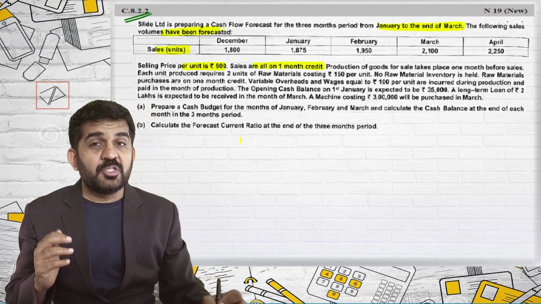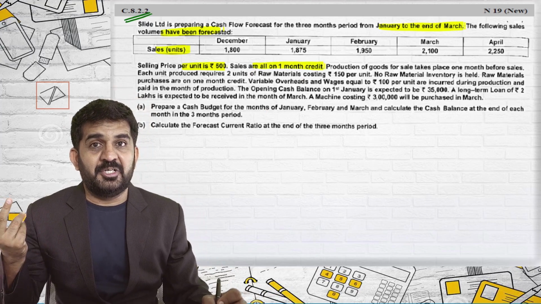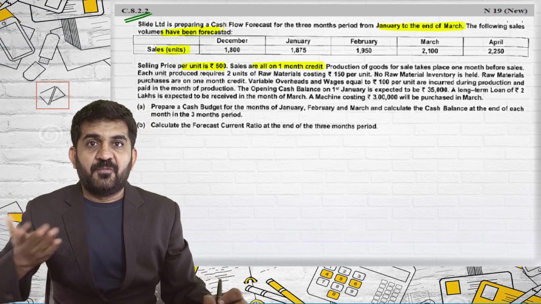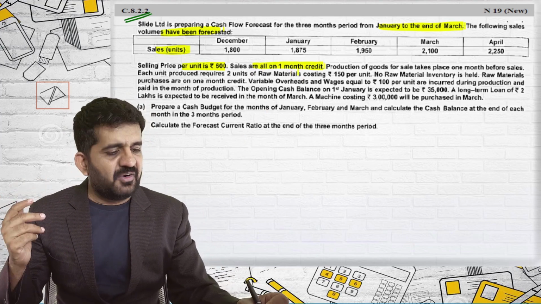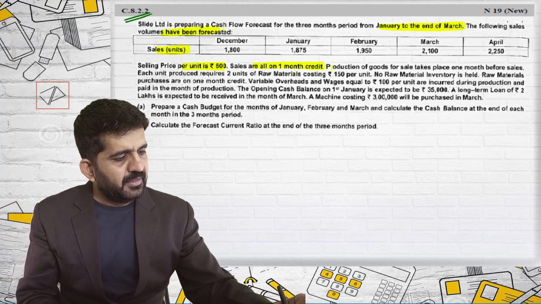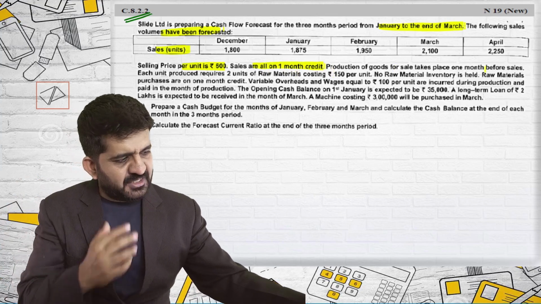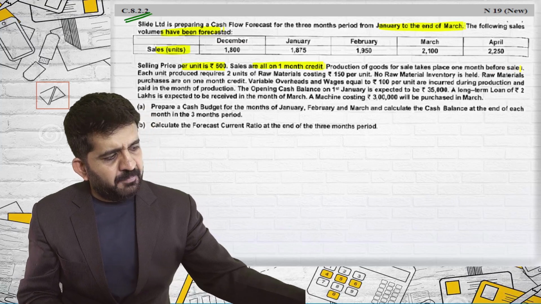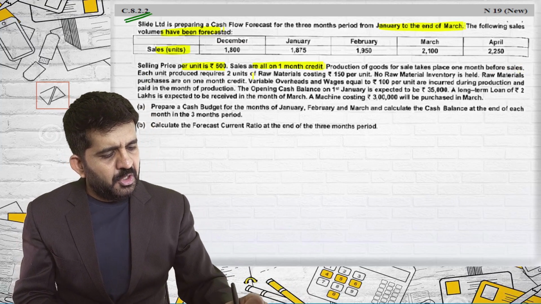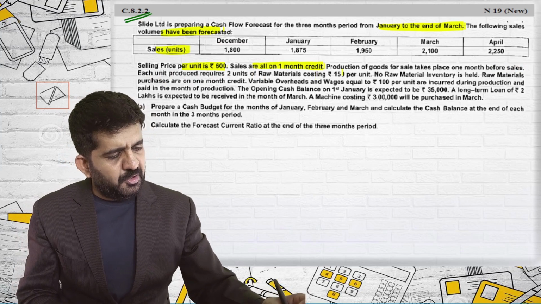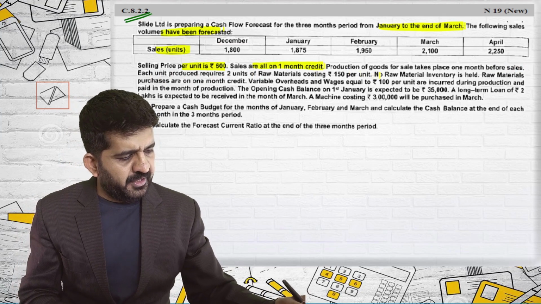Now this is easy because in the previous question it was 10%, remaining amount credit, 50-50. Here sales are all credit and they are 1 month credit. So it will be easy. Production of the goods for the sales takes place 1 month before the sales. Each unit produced requires 2 units of raw material costing rupees 150 per unit.